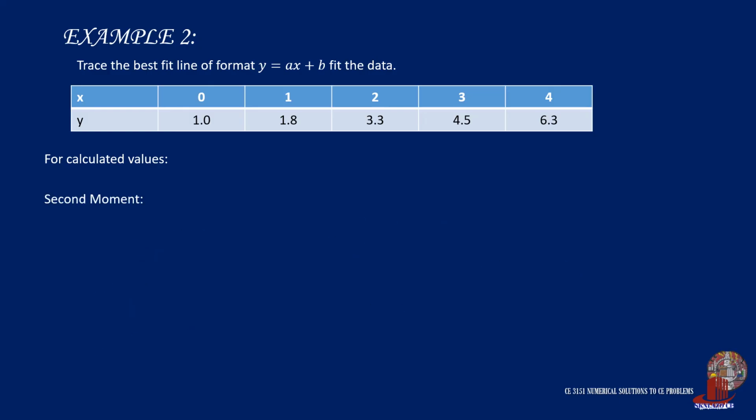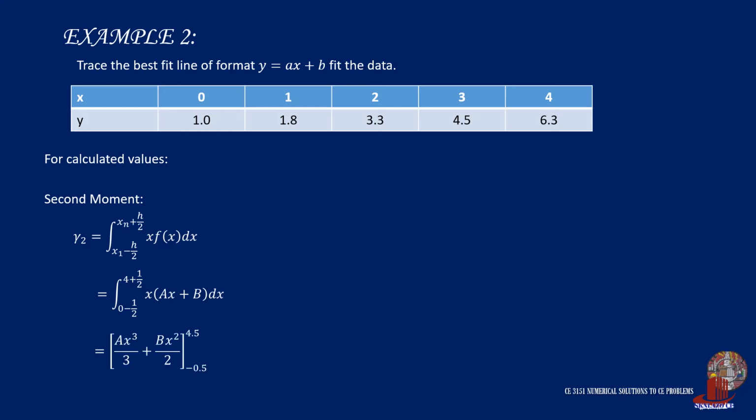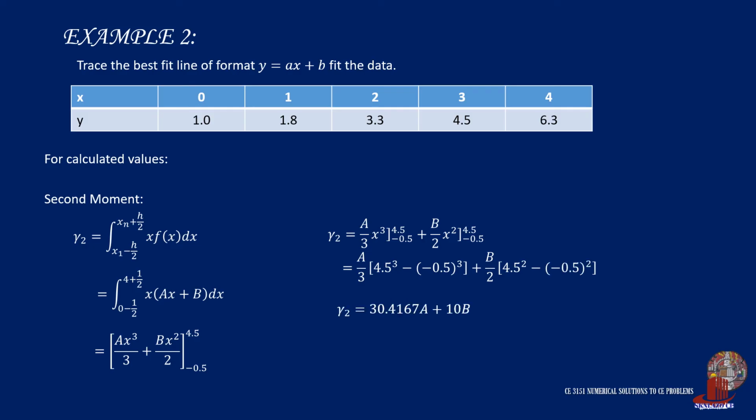The second theoretical moment also uses the same equation with only the limits changing. In this case, it would be 4.5 for the upper limit and negative 0.5 for the lower limit. By plugging them into the expanded equation, sigma 2 is equated as 30.4167a plus 10b.